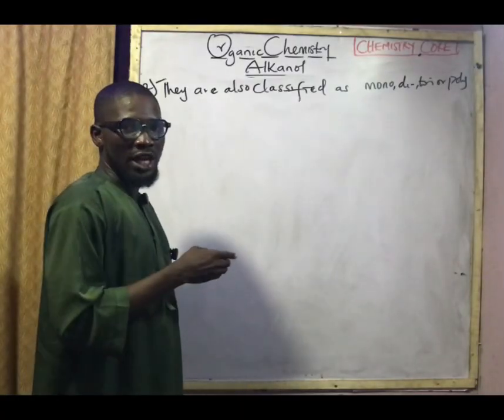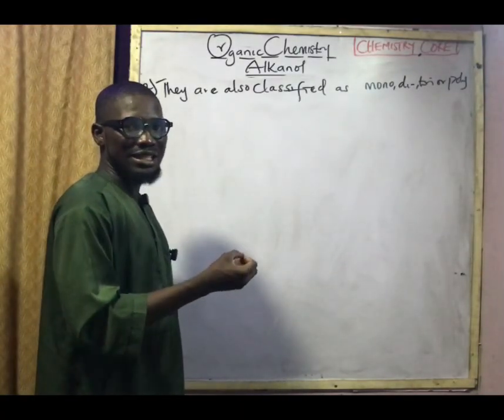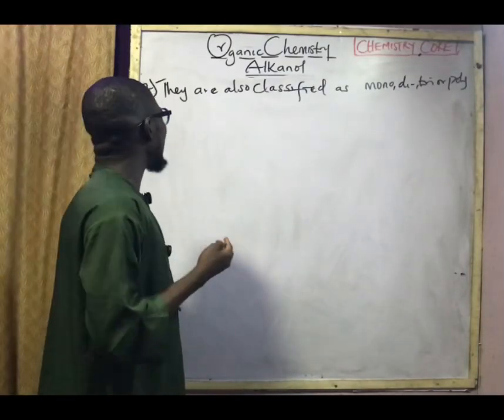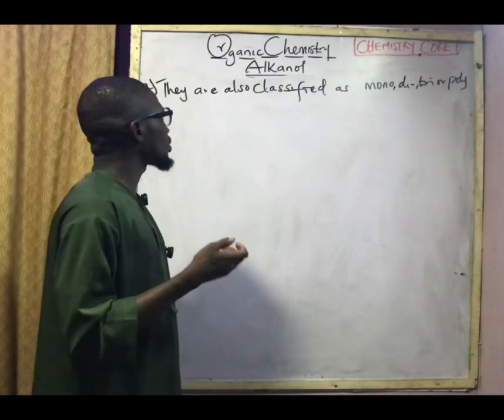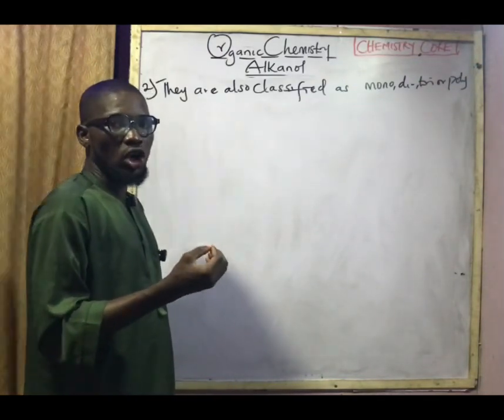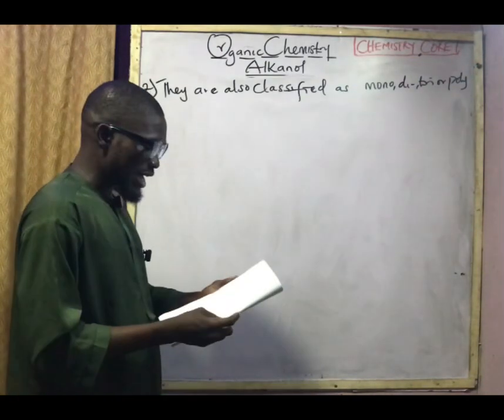The first classification we looked at was primary, secondary, or tertiary. The second one is that they are also classified as mono, di, tri, or polyhydric. So let's take a look at that.